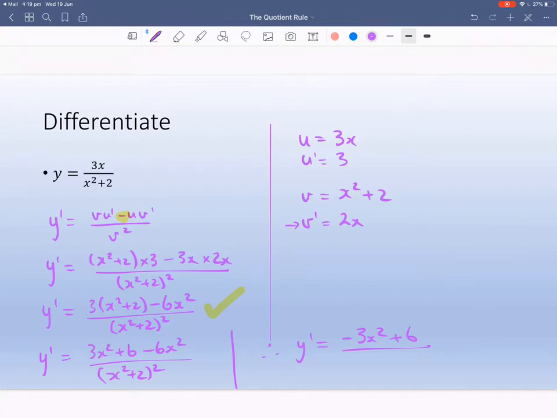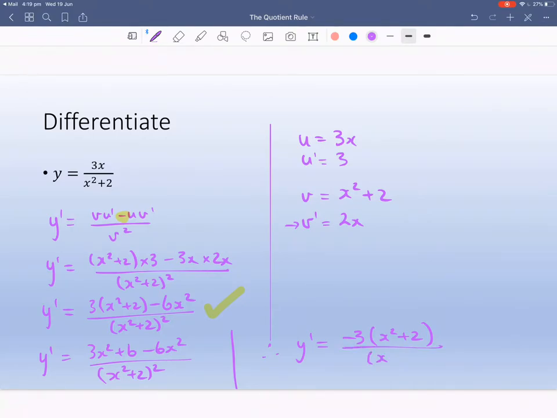I almost see another opportunity. We can factorize 3 out, and we get x squared, if we take the minus out, plus 2, and if we ski jump that, we're going to get the same result.